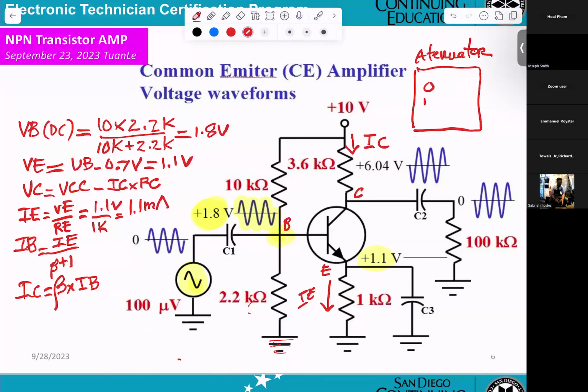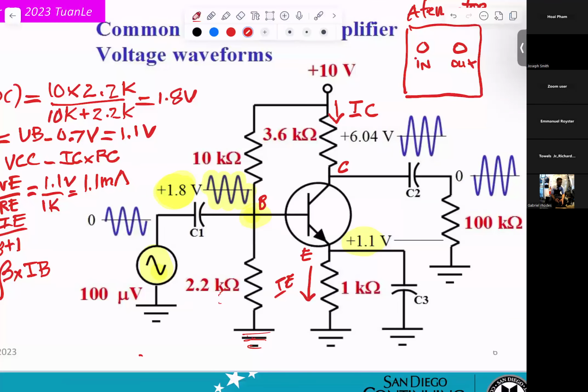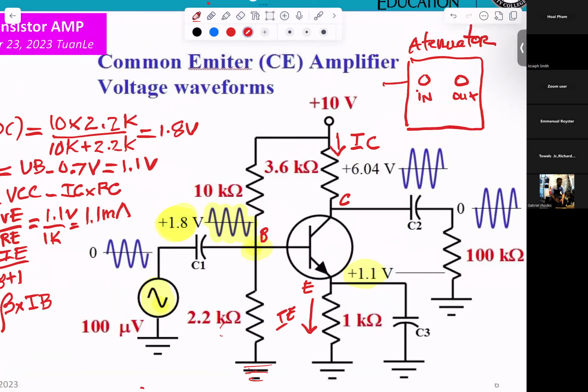In, out, on your lab board. They give it to you ready. So you connect the generator, go into in, generator, and you connect out, go to your circuit, your board.